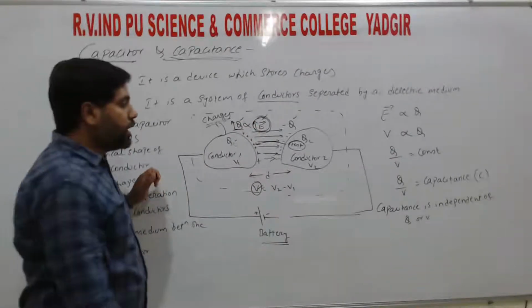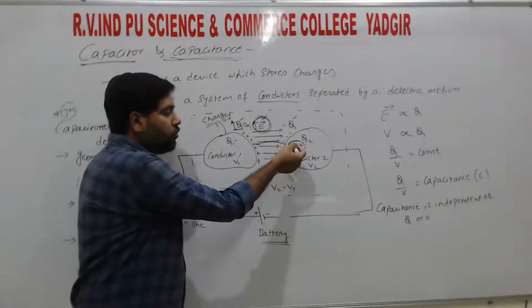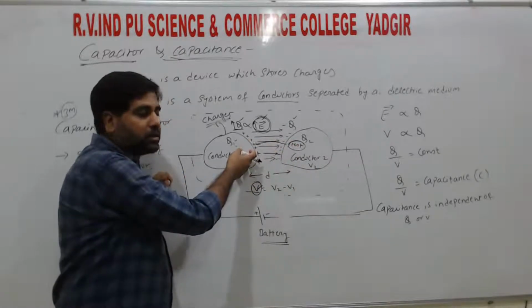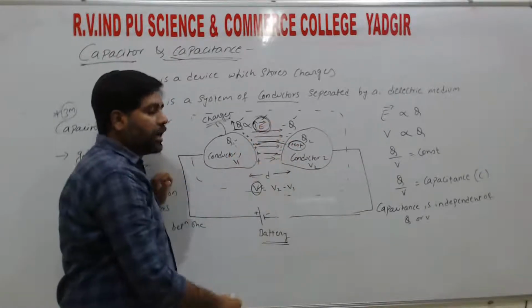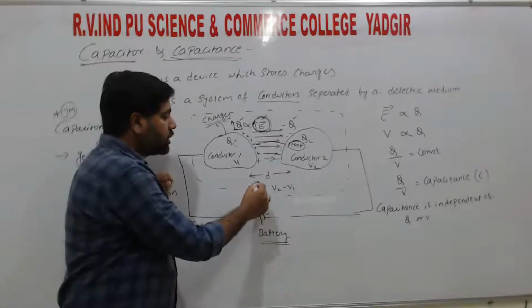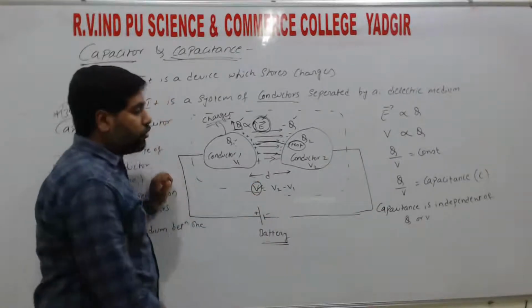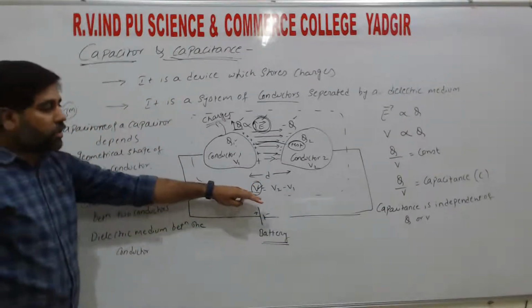And the work done in bringing a unit charge from one conductor to the other, opposite to the direction of the electric field, we call the potential. So work done per unit charge we call potential.